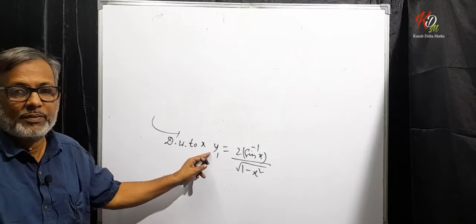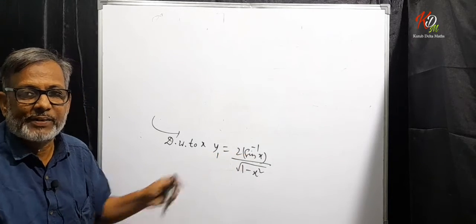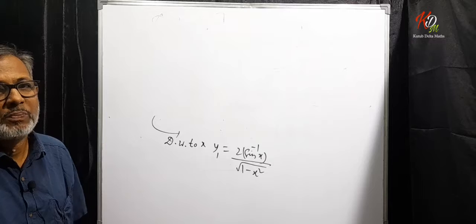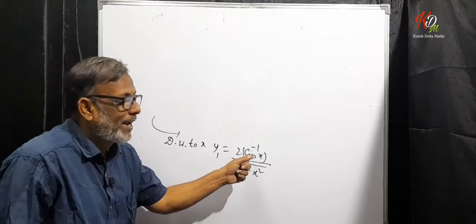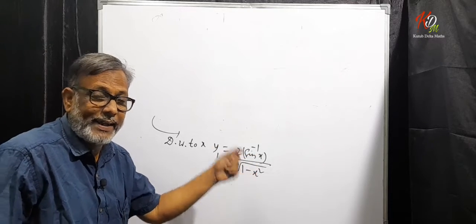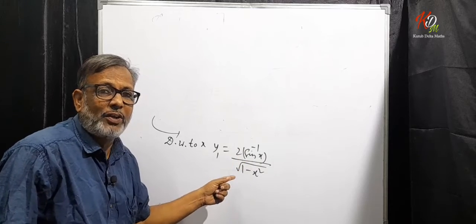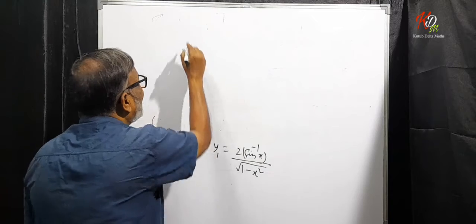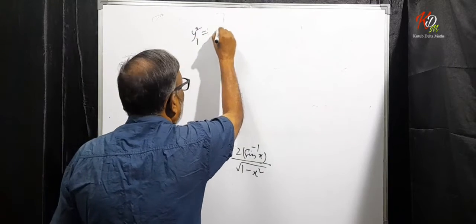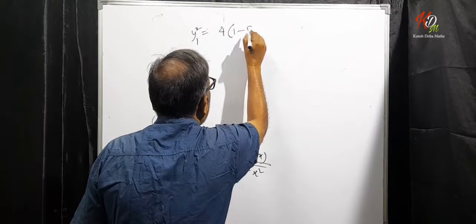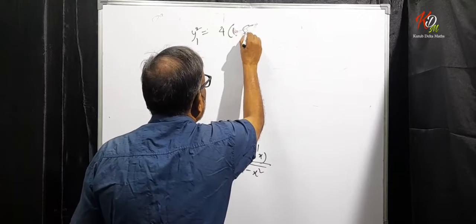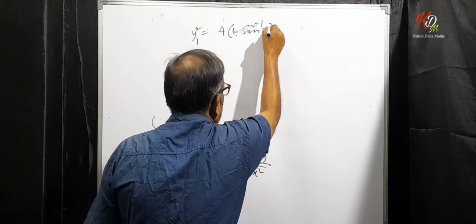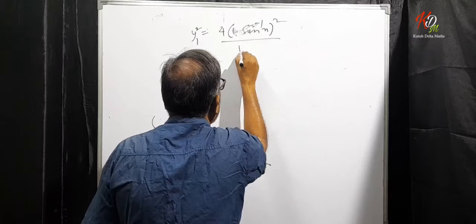Follow. If you square both sides, it is easy to put the values of sin inverse x whole square, and then differentiate a second time with respect to x. Now squaring on both sides, y1 square equal to 4 (sin inverse x) square by 1 minus x square.